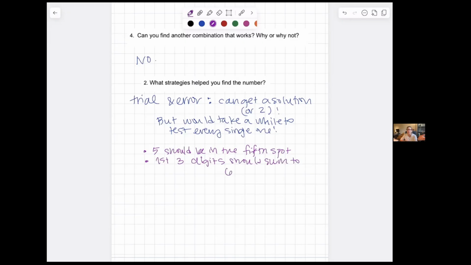That worked. Could the first 3 digits sum to 3? What would the first 3 digits need to be in order to sum to 3?